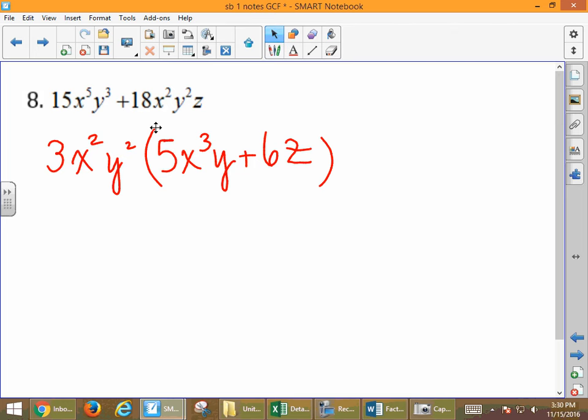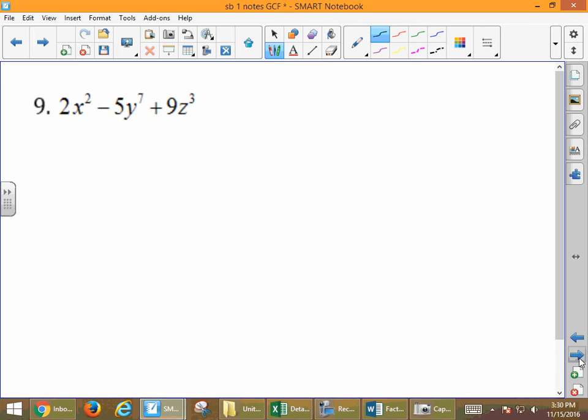Finally, on our last example here, we have 2x squared minus 5y to the 7th plus 9z cubed. Well, when we look at the numbers here to find our GCF between 2, which is a prime number, 5, which is a prime number, and 9, which isn't a prime number, 2 is 2 times 1, 5 is 5 times 1, and 9 is 3 times 3, we have no numbers in common.